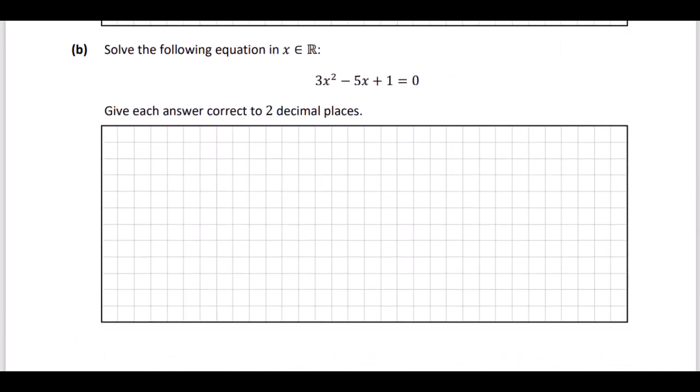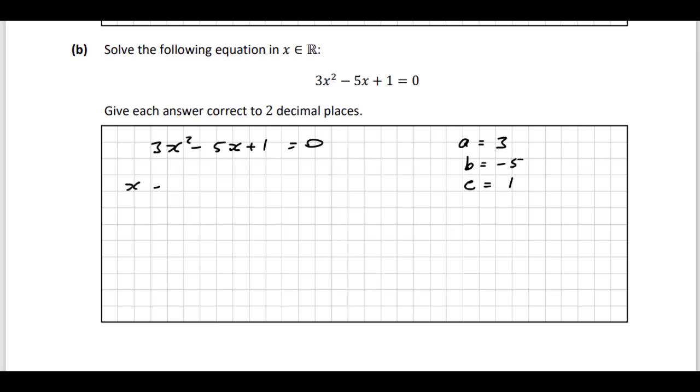Solve the following equation in x, which is real. So give your answer correct to two decimal places. So we've got 3x squared minus 5x plus 1 is equal to 0. Because they say correct to two decimal places, this should give you a clue that you're going to have to use the quadratic formula. So in this case, a is equal to 3, b is equal to minus 5, and c is equal to 1.